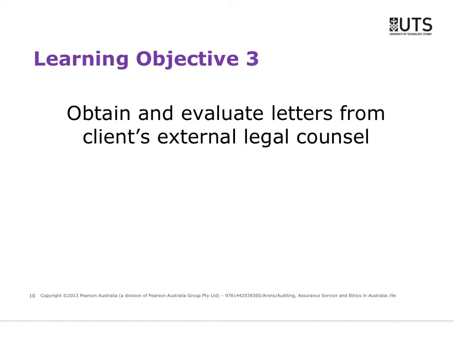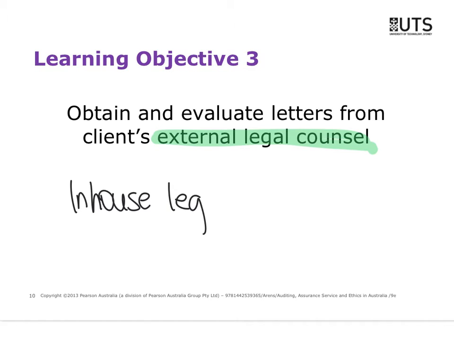Now, the other thing that we can do with legal is to actually ask the lawyers themselves. And this does say external legal counsel. There are some instances where some clients will have in-house legal counsel, where they will hire their own lawyers, or they have their own legal team. That's probably becoming more and more rare now.